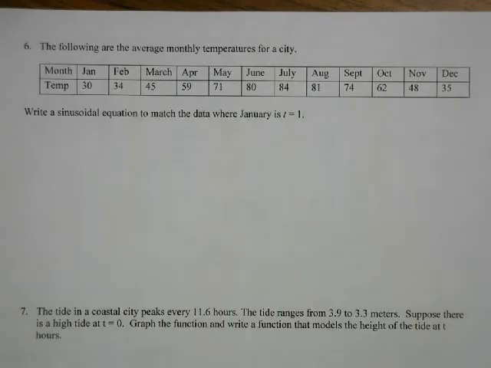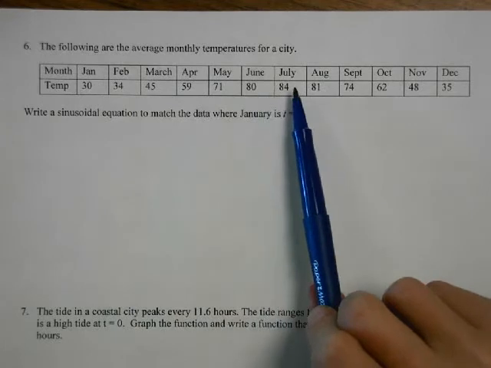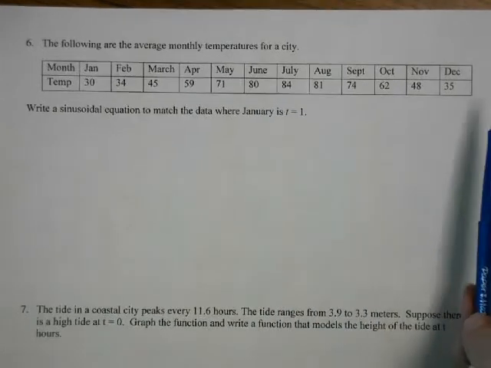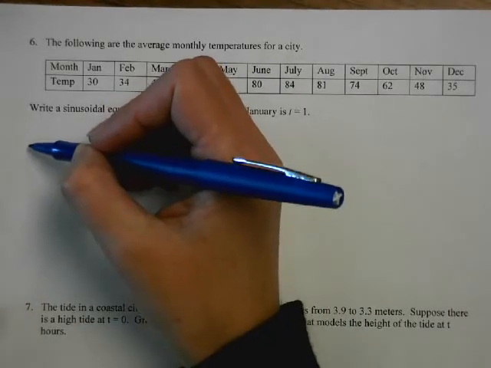Okay, another thing that can be modeled with a periodic function is temperatures. So we have the average monthly temperature. So it's cold in January, gets warmer in July, and then gets cold again. And it's going to repeat that over and over again. So I'm going to draw myself a graph here.